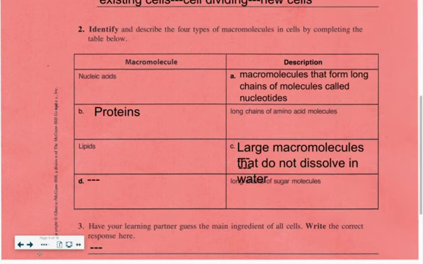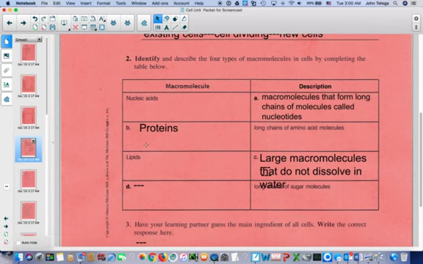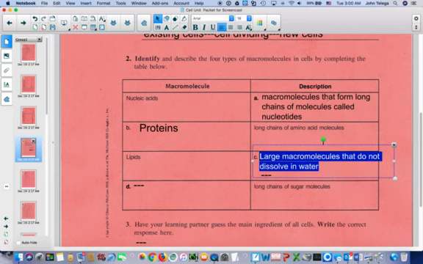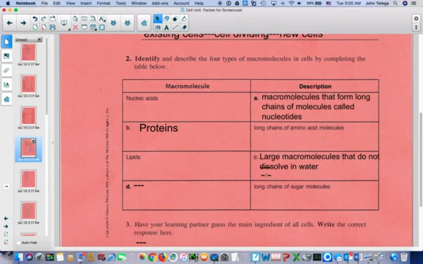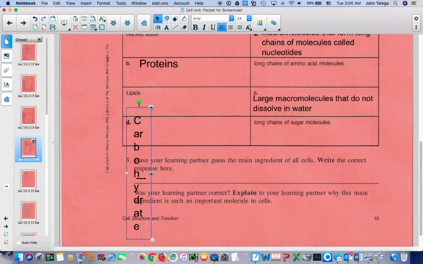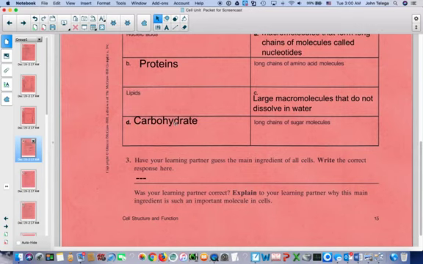Oh, maybe I can't do that. Hold on. Okay, and then D is carbohydrate. And that's long chains of sugar molecules.